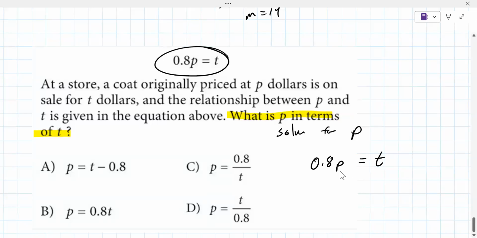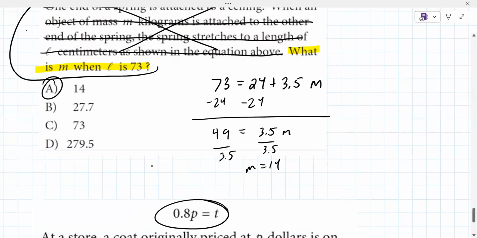What's the math operation between it? Division. So how do you undo division? Sorry, it's multiplying, so you divide both sides by that. Does this match any of the answers? Yeah, D. There you go. Good. I don't think I circled the right answer here, in case you want to go back and look.